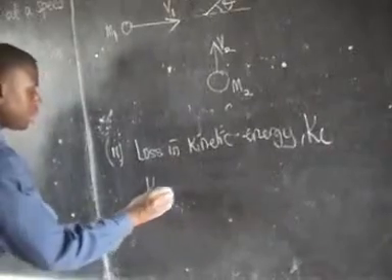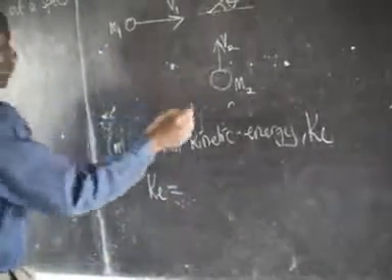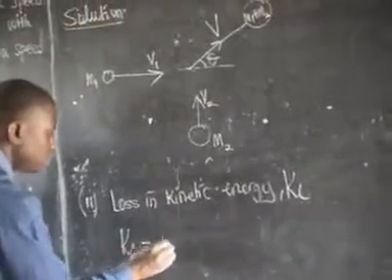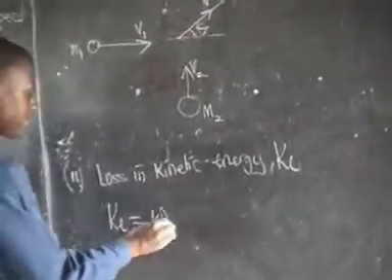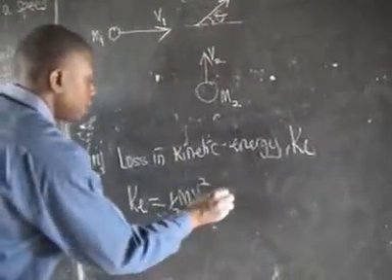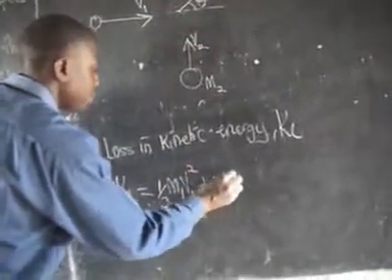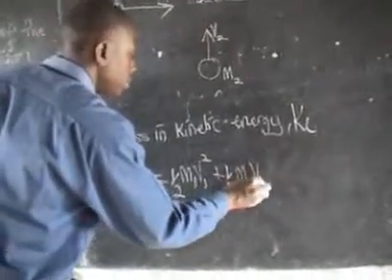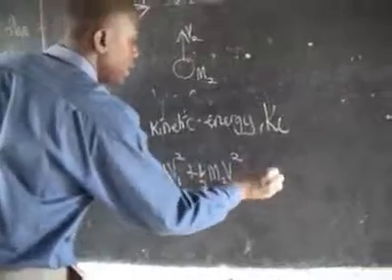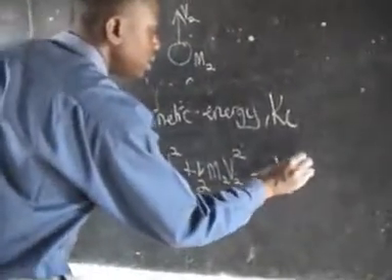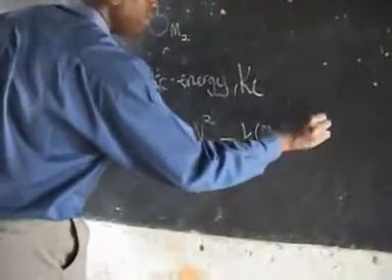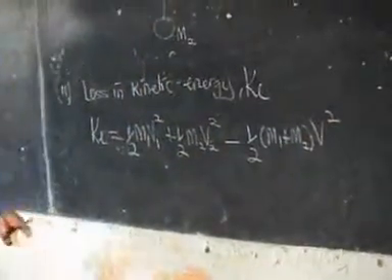So KL is equal to the sum of the kinetic energy before impact, so we shall have a half m1 v1 squared plus a half m2 v2 squared, minus a half bracket m1 plus m2 v squared.